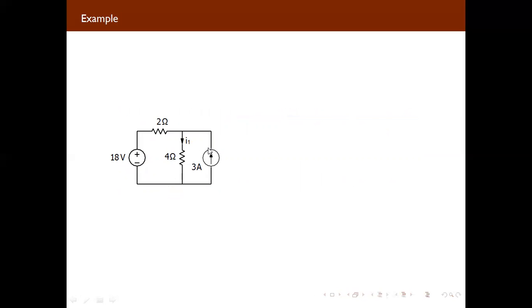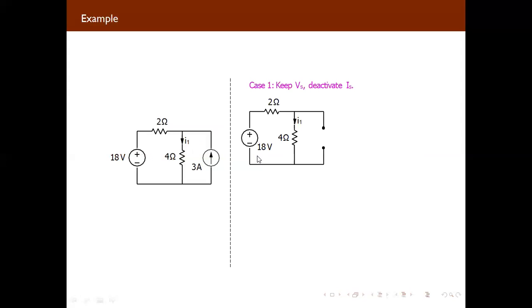So we are supposed to use superposition. How can we use superposition here? If we consider only the supply voltage and deactivate the current source, we can deactivate the current by making it open.